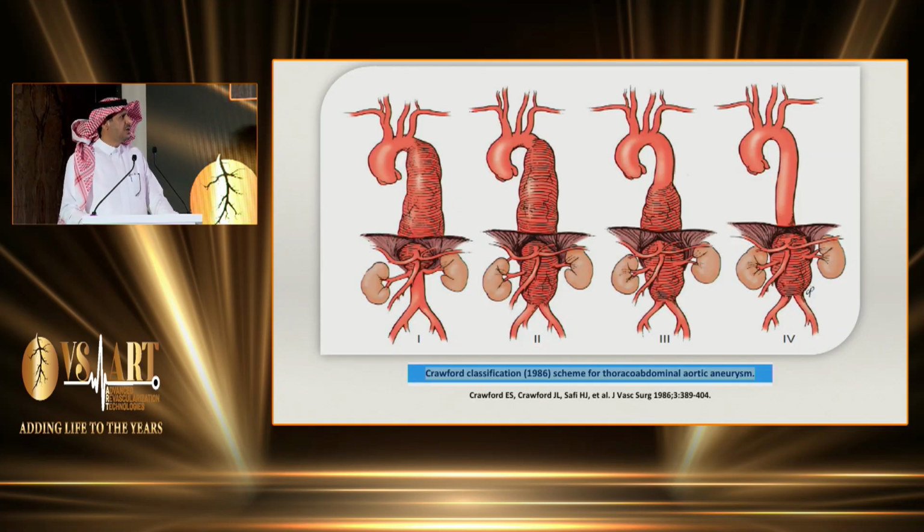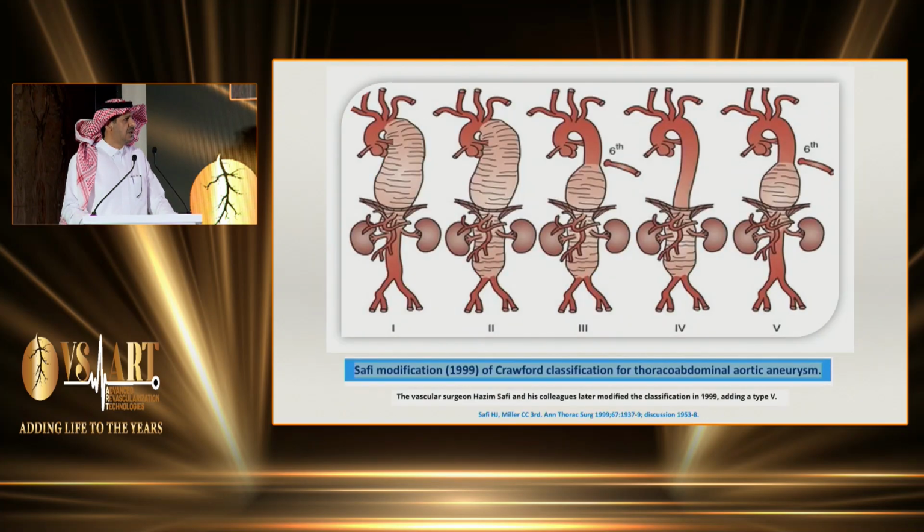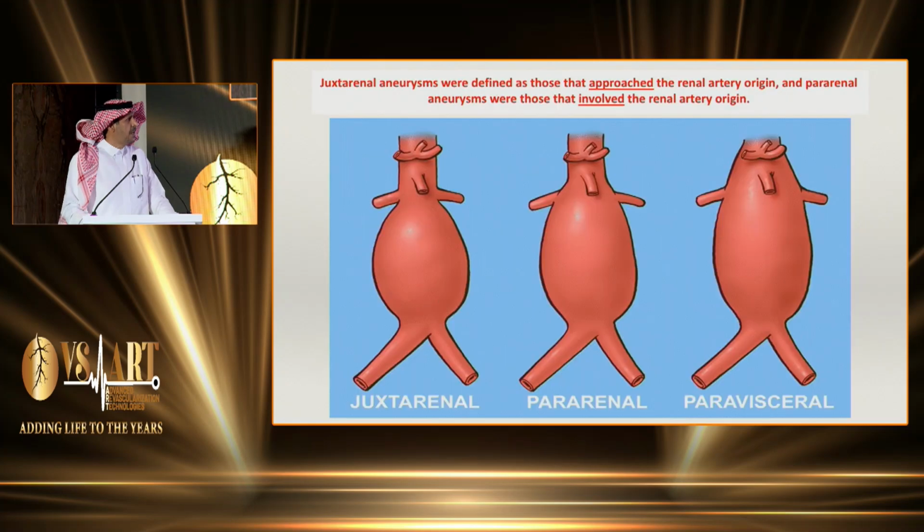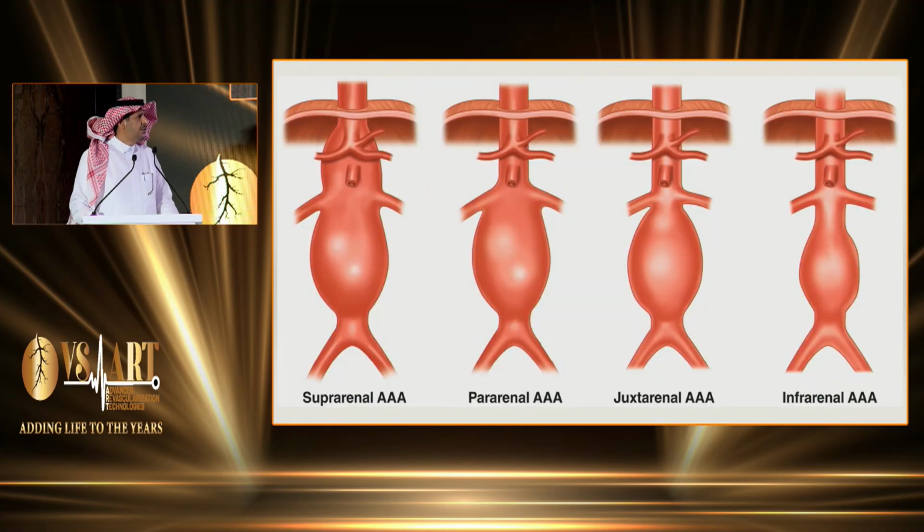In general, this is the old Crawford classification. It was established in 1986, and in 1999 was modified by Safi. For complex abdominal aortic aneurysm, that's either infrarenal or juxtarenal, pararenal, or type 4 thoracoabdominal, what's called suprarenal.